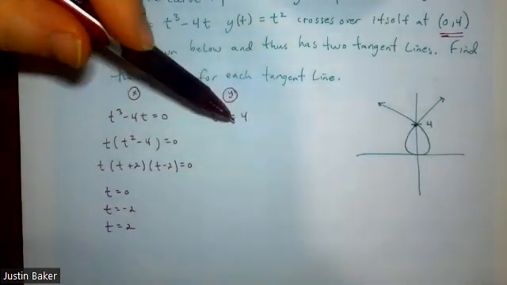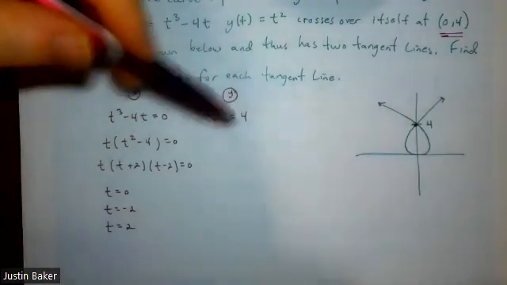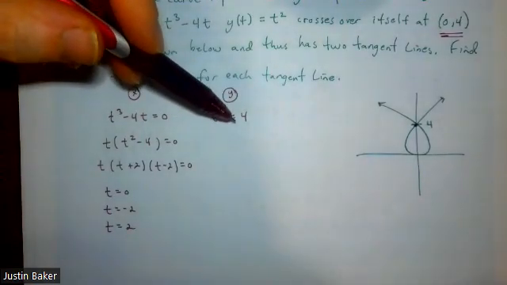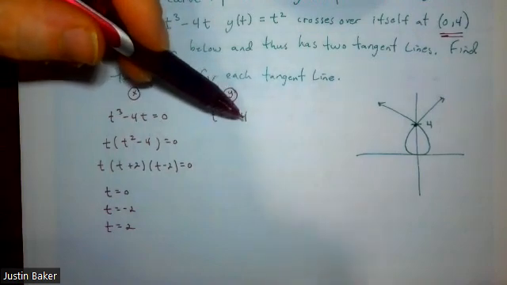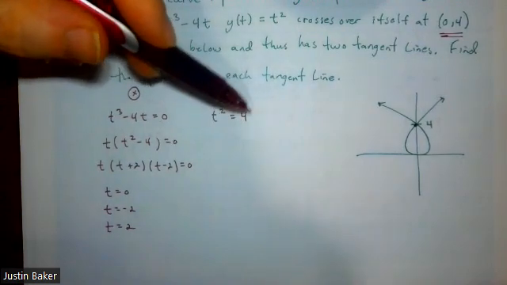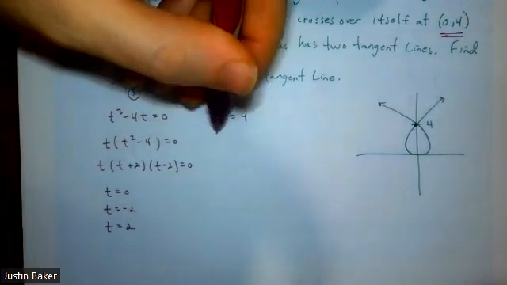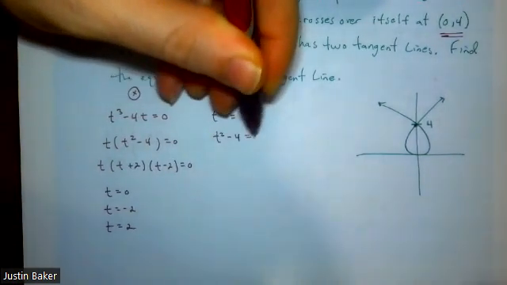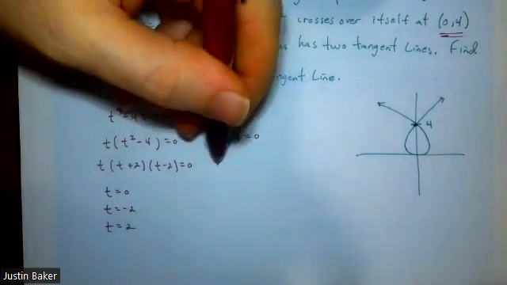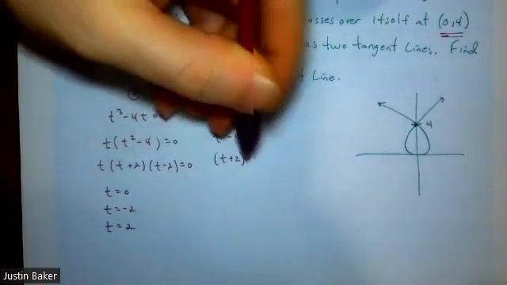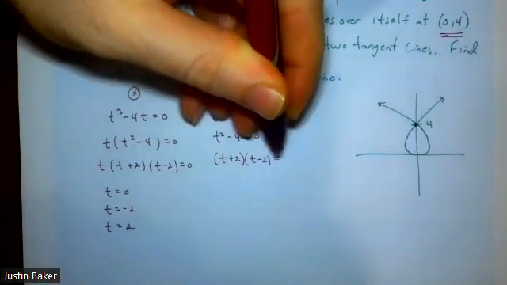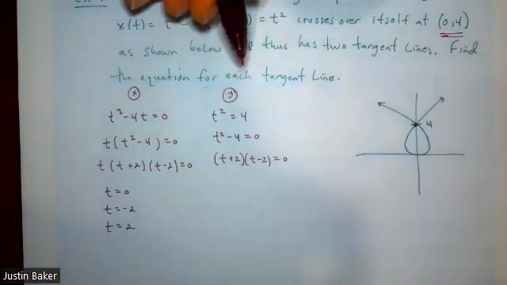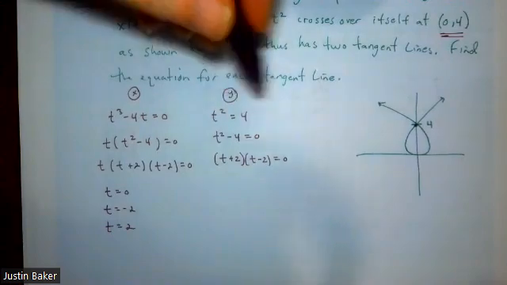If you want to take the square root of both sides, you can, but just keep in mind that if you do that method, you have to do plus or minus the square root. That should give you plus or minus 2. I prefer to just take everything to the same side and factor. That's the algebra 2 teacher in me, I like everything on the same side. Either way gives you plus or minus 2.